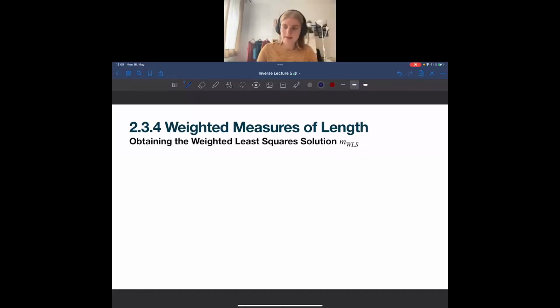This is an assumption we are making here. So the next couple of steps we only do for a diagonal weighting matrix E. We have again our usual problem, d equals G times m, which should be the problem of the best fitting line.